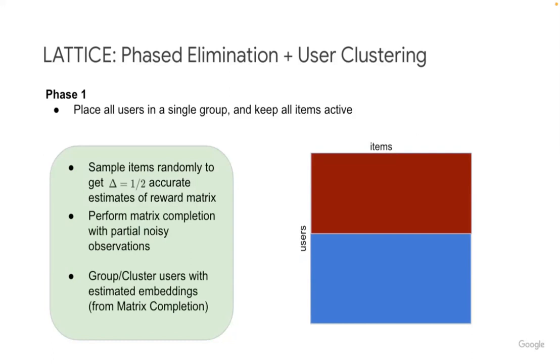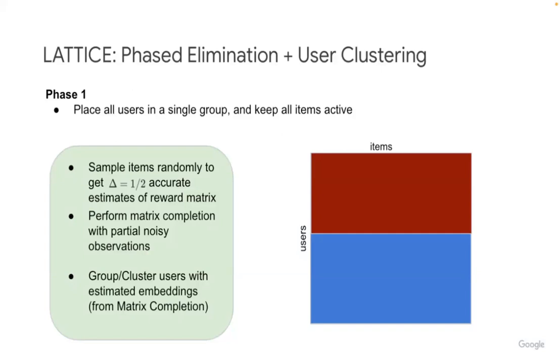Now we can group users with similar estimated rewards. For example, in this image, the top half of the users have been put into the same group because their estimated reward embeddings were closer, and the bottom half, corresponding to the blue region, has been put in a different group. So at the end of phase one, we have two groups of users. We have been able to partition the users into two groups, in contrast with the single group that we had at the beginning of the algorithm.